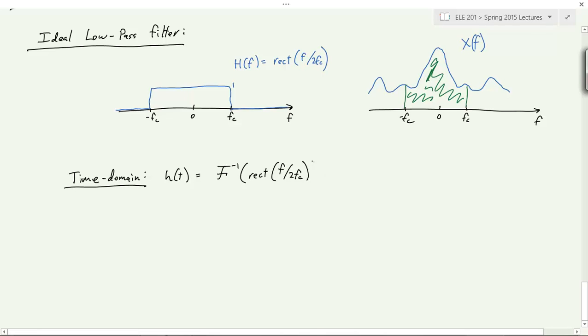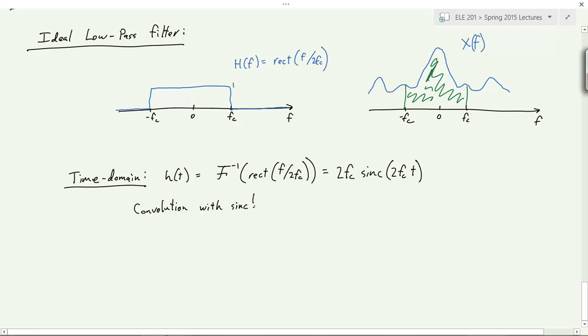Again, we use the time scaling property to find that that equals 2fc sinc of 2fc t. So the bottom line is it's a convolution with this wonderful sinc function.